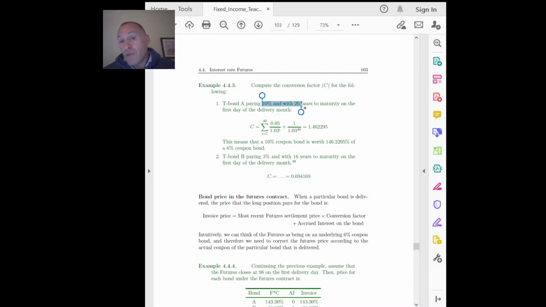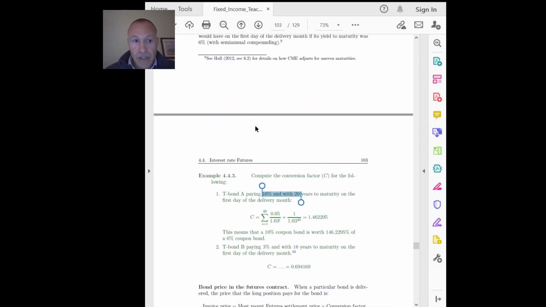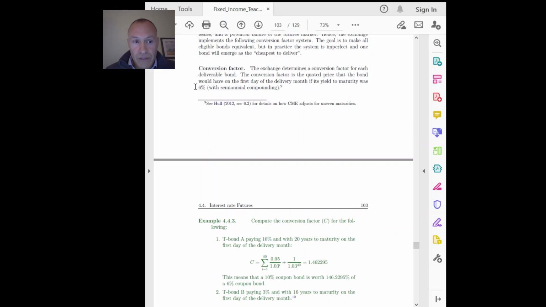It's known since the bond was issued some time ago, and I can always compute the price that the bond will have at some point in the future that I want if I assume a given yield, right? So the conversion factor says, okay, what will be the price of the bond at the first day of the delivery month if the yield is 6%?